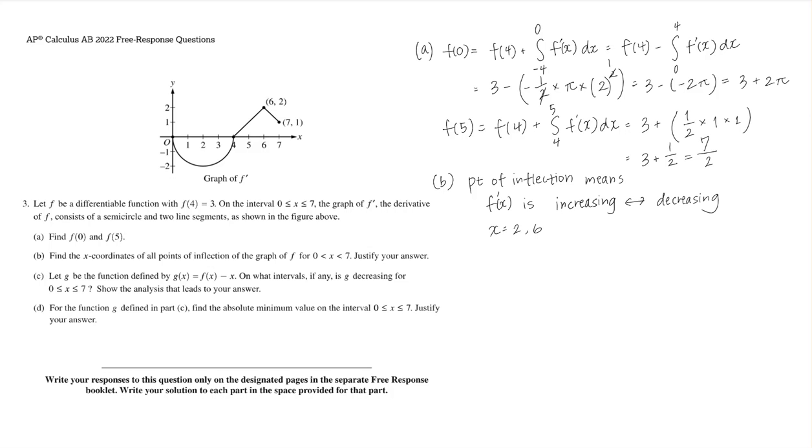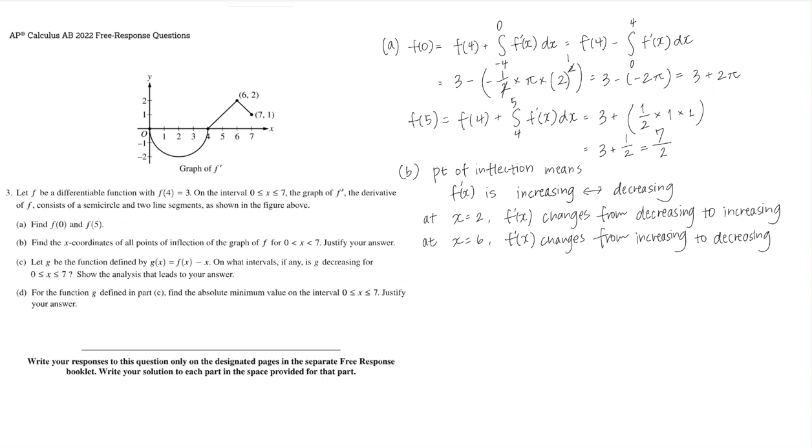At x equals 2, f prime of x goes from decreasing to increasing, and at x equals 6, f prime of x goes from increasing to decreasing. So those two x values are the points of inflection. To justify my answer, I wrote that at x equals 2, f prime of x changes from decreasing to increasing, and at x equals 6, f prime of x changes from increasing to decreasing.